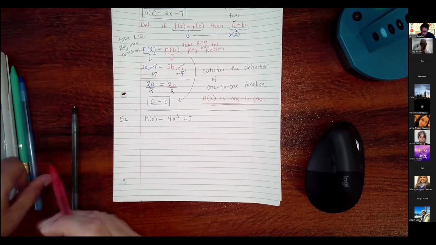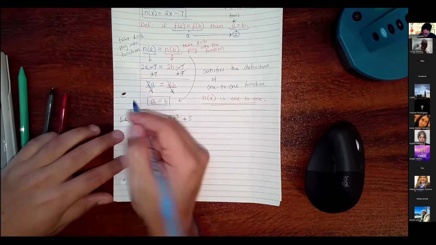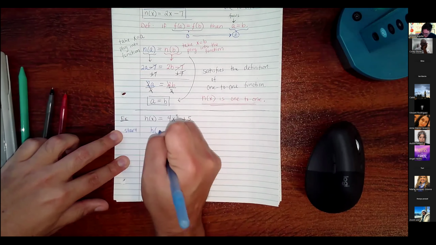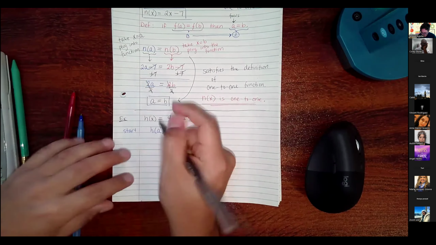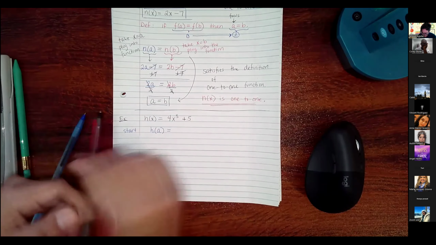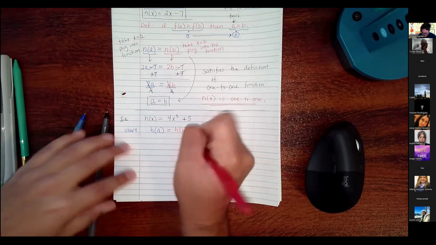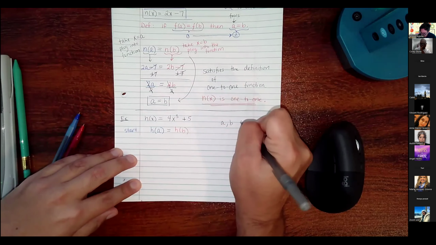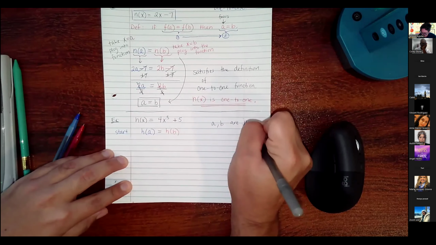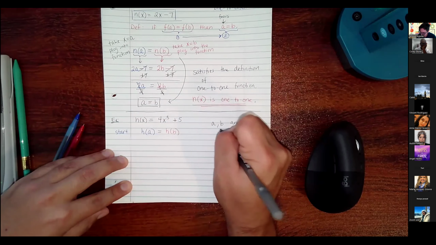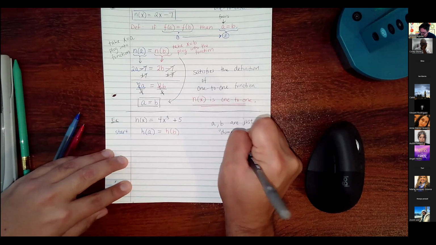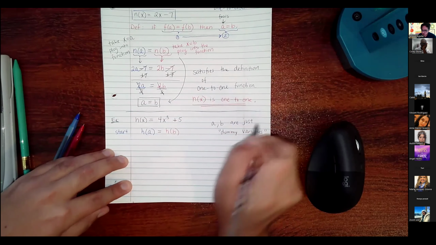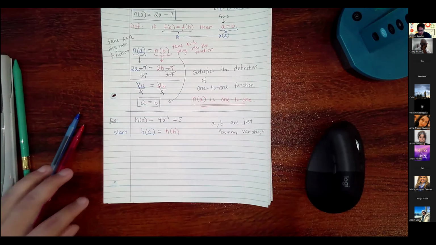And we're going to go through the same process here by starting off with h of A is equal to h of B, where you can think of A and B as what we call in the business dummy variables, because they just represent two numbers, okay?